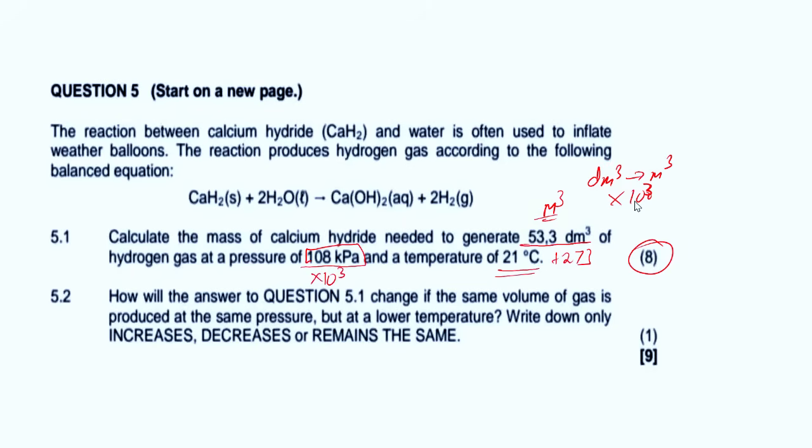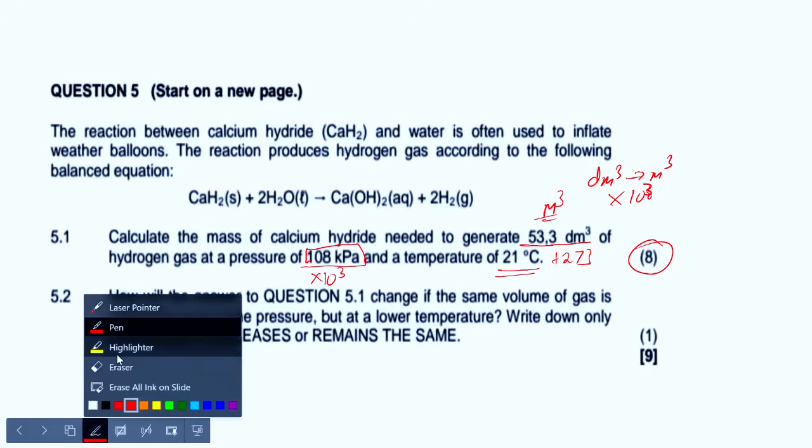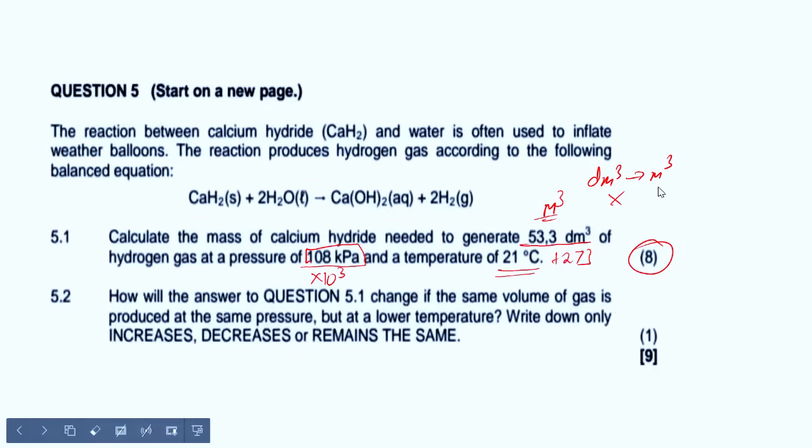Oh, this one, it's times 10 to the exponent of negative. Let's fix this one quickly. So this one should be times 10 to the exponent of negative 3. When we are converting dm cube to meter cube, we divide. So this is more like dividing by 1,000, right?